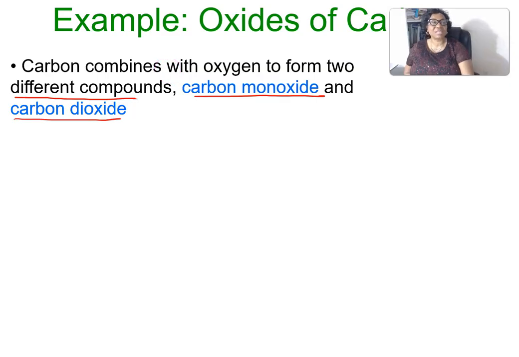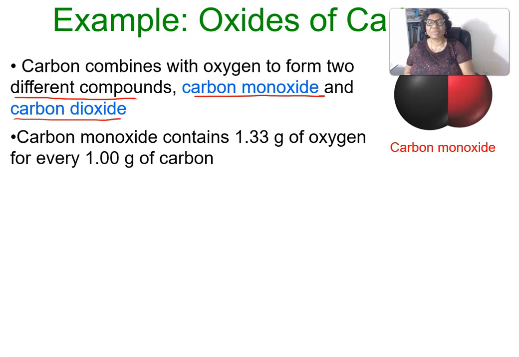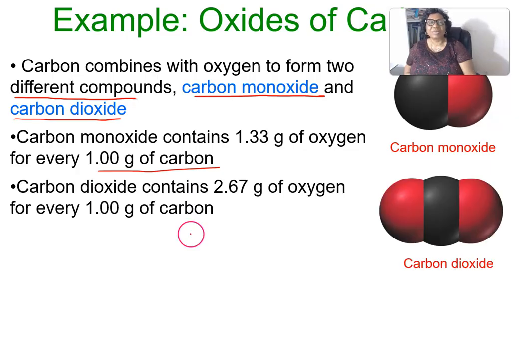We are investigating the law of multiple proportion. Carbon monoxide contains 1.3 grams of oxygen for every 1 gram of carbon, but carbon dioxide contains 2.67 grams of oxygen for every 1 gram of carbon.